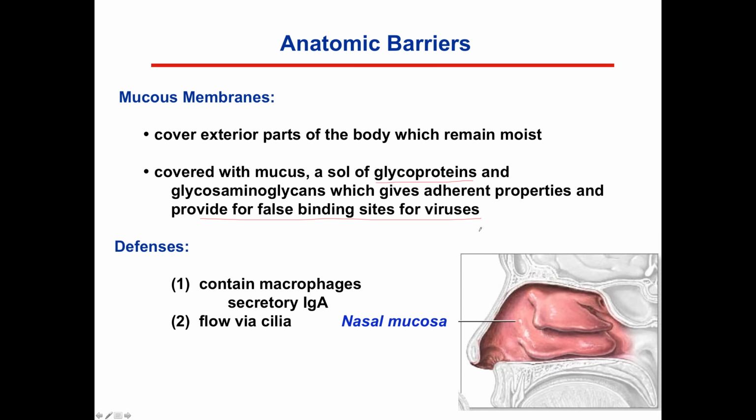These mucous membranes have cilia, whose flow allows things to be moved up and out of the lung tissue, out of the trachea, and allows bacteria and viruses to be moved out and eventually removed.